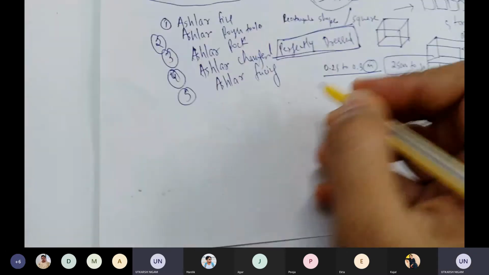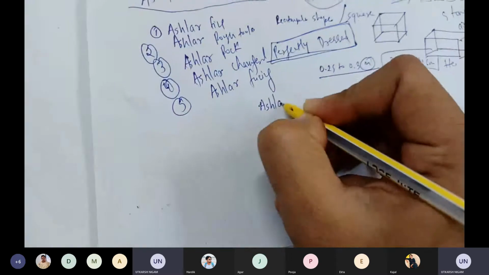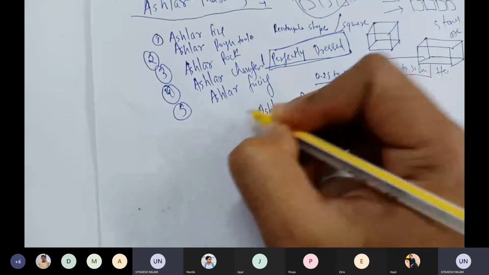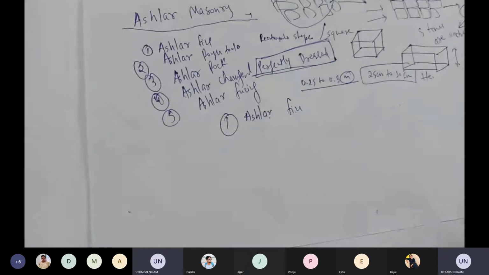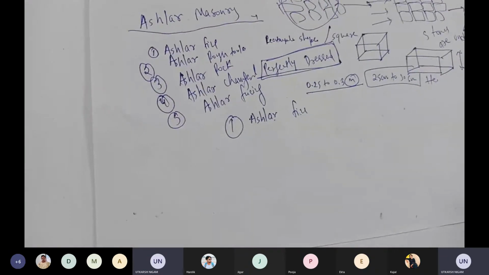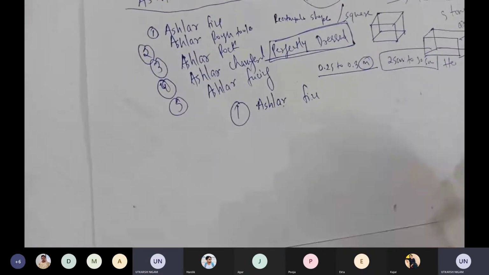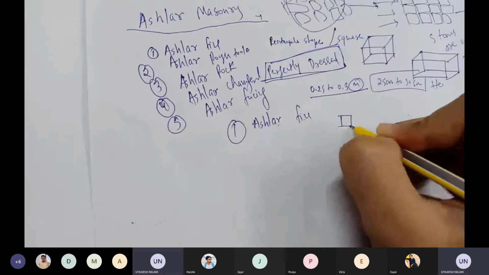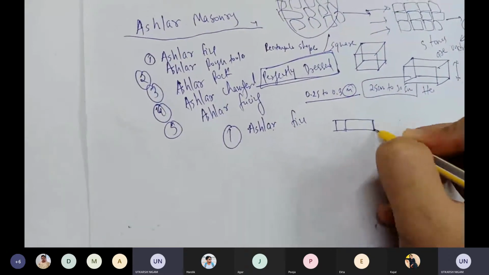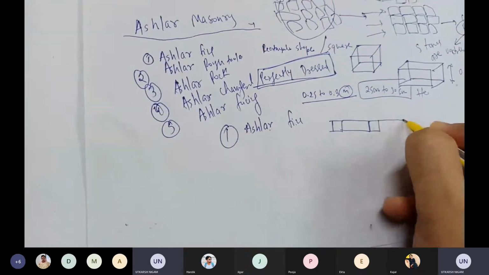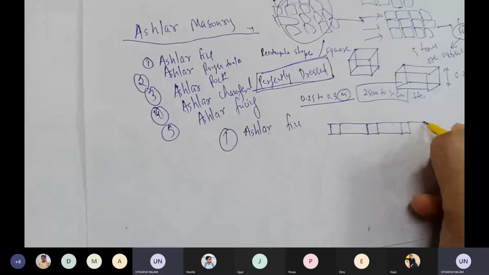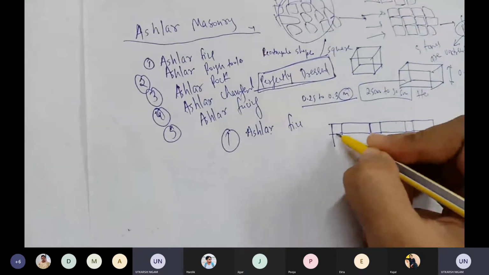So let's see the example of the first type, that is ashlar fine. In ashlar fine, stones are cut to regular and required size. So we will have a stone, then a larger block, then a smaller block, then a larger block, then a smaller block, like that.